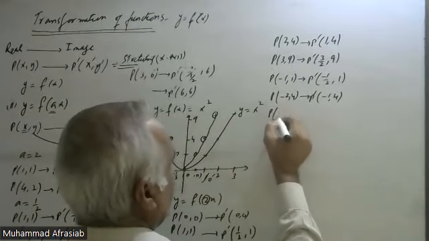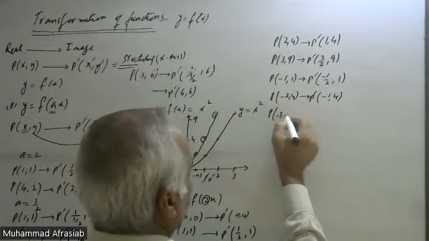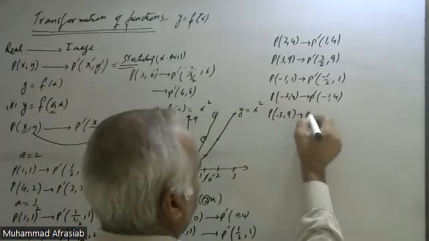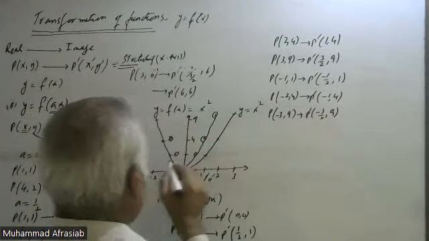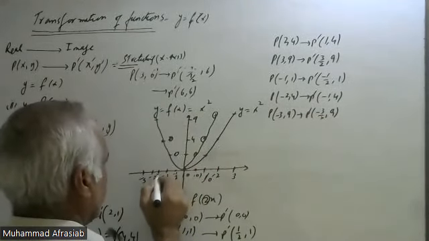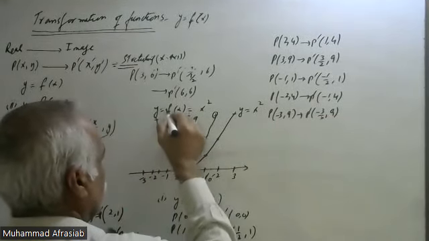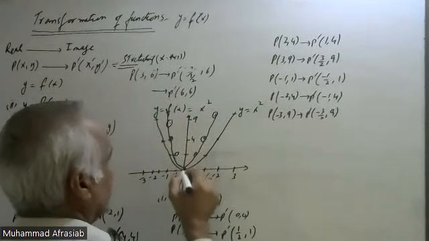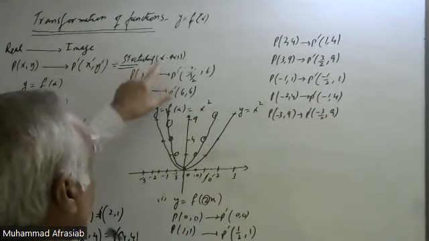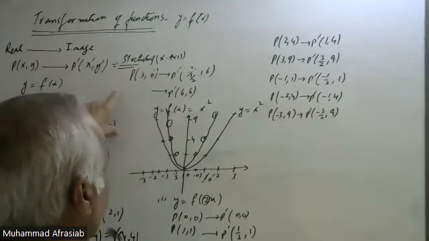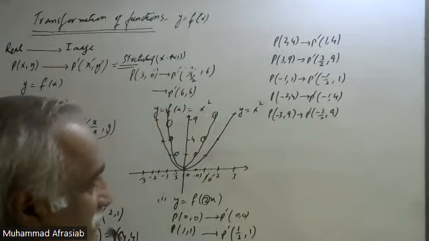For the point P at minus 3 and 9, the image point will be minus 3 by 2 and 9. So you have seen that it is the stretching of the x-axis here, because the x value is divided by a, which is 2, and the y value remains the same.